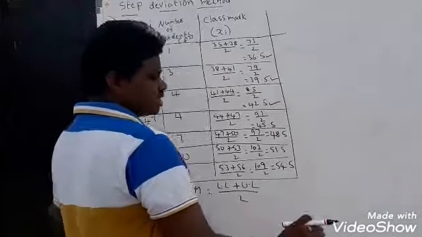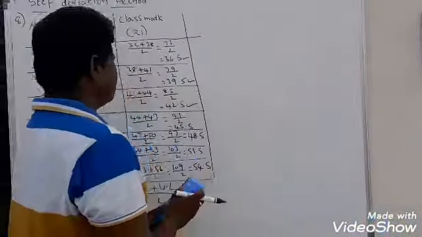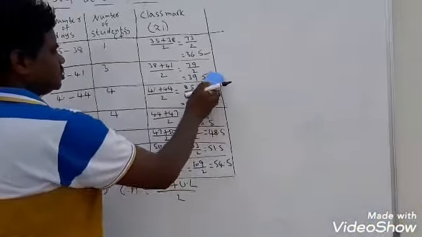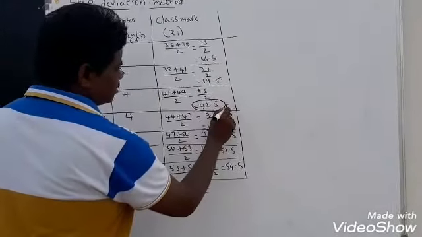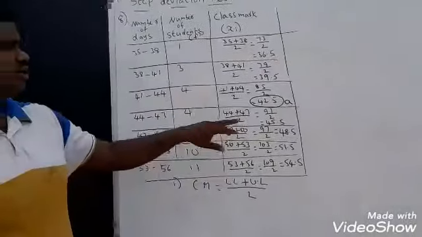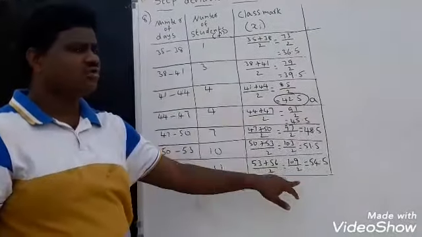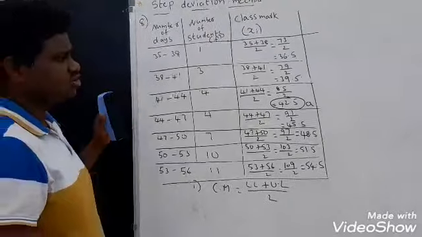Anything you can take as the assumed mean. So I am taking this one as the assumed mean, A. Any one of the class marks can be taken as the assumed mean.